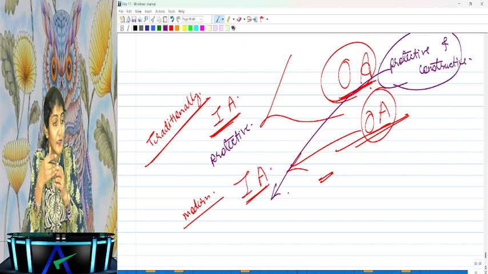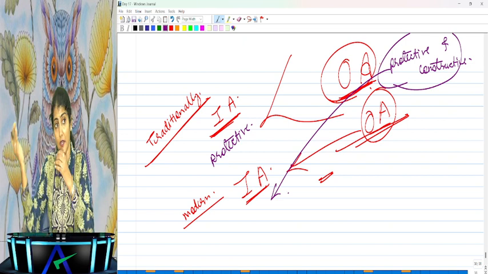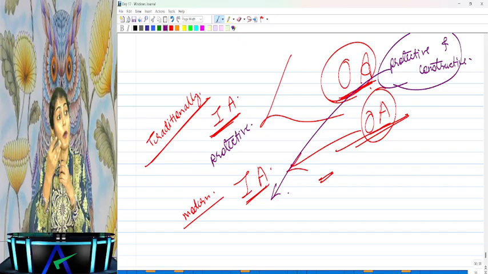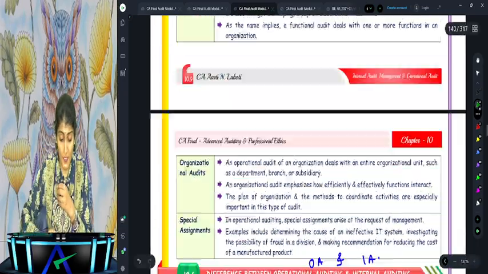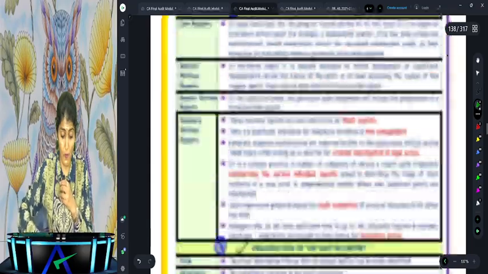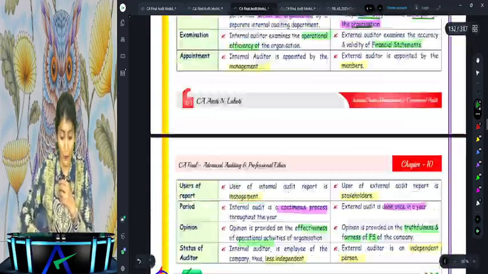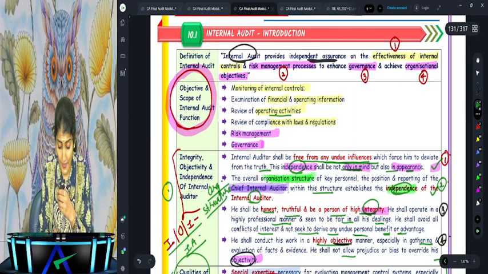So today there is no difference between internal audit and operational audit. Once upon a time there was a difference between the two, and at that time the term operational audit was wider than internal audit. In the beginning of the chapter, we saw the scope and objective of the internal audit function. What was the point there? Review of the operating activities.